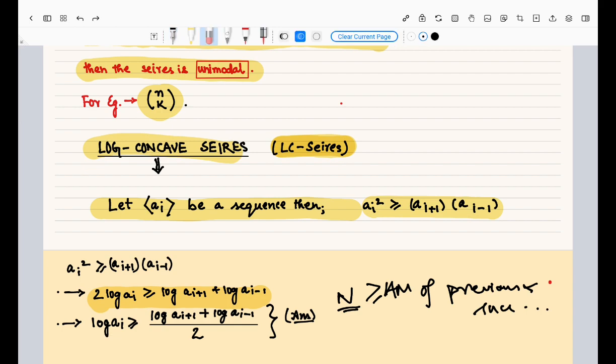Why do we need to express it in terms of logarithm? Basically because geometric sequences or even ratios are very difficult to deal with in comparison to addition and subtraction, right?